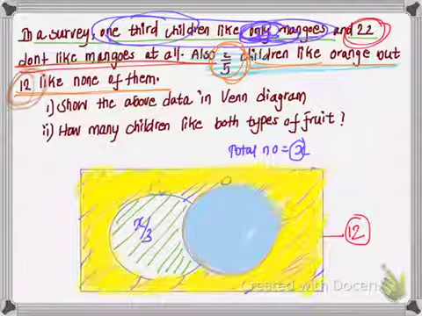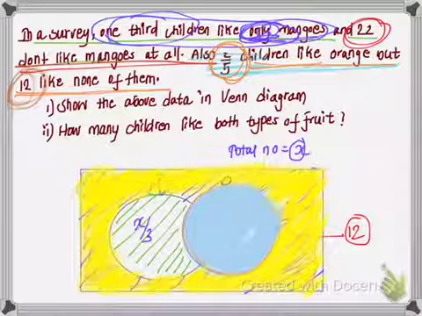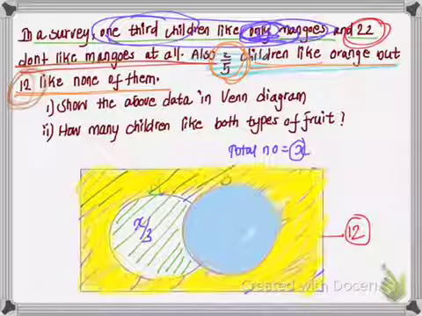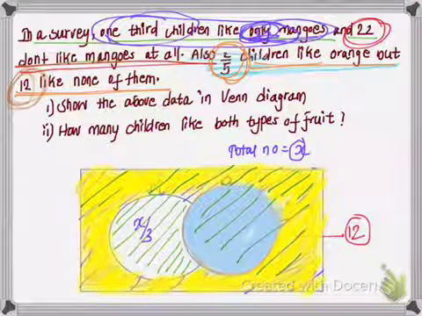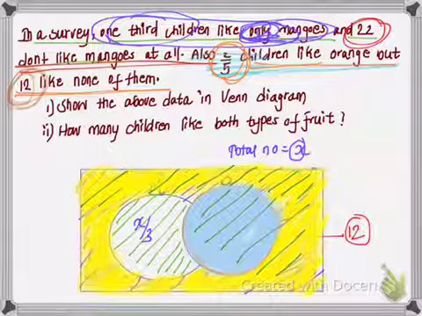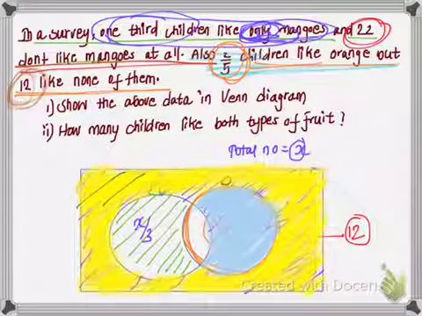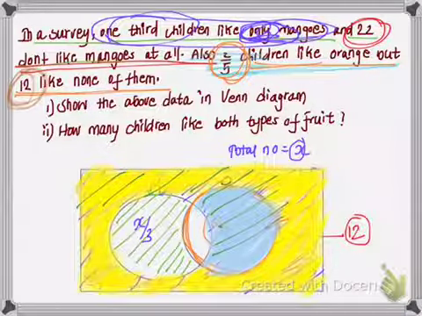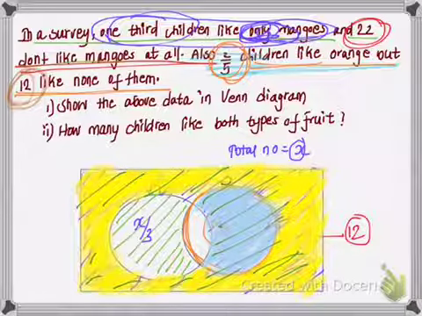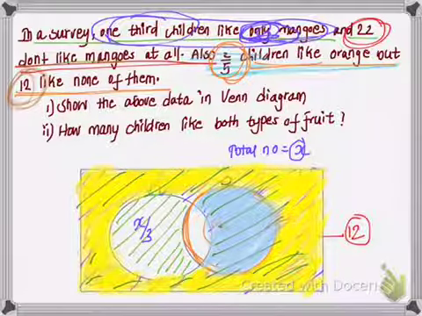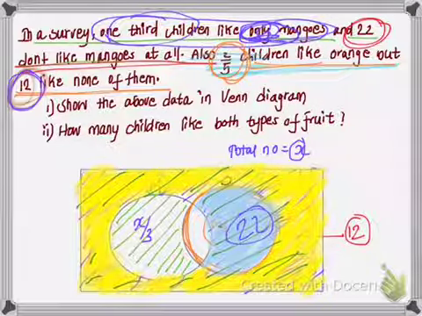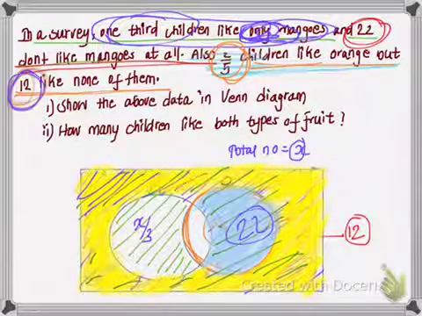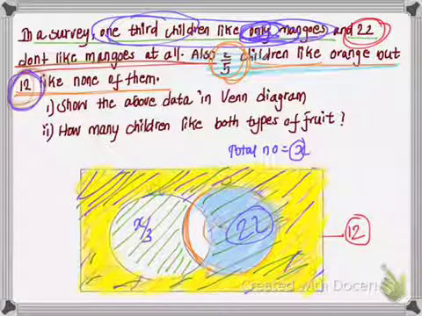Now, since we already know that the region in yellow color and blue color represents the number of students who don't like mangoes at all, it is equal to 22. And 12 is the number of students who don't like both mangoes and oranges, so it is represented by this yellow part.